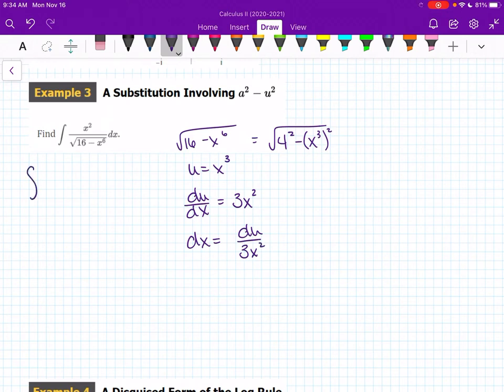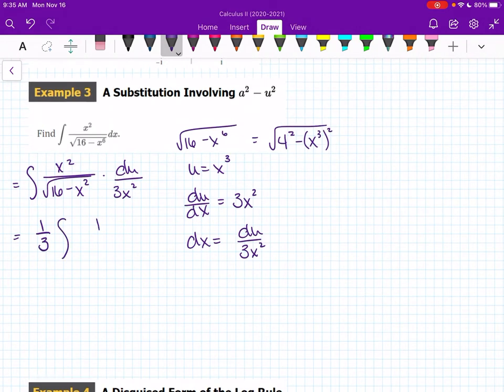So now if I go back to my integral, I'm going to have x squared over square root of 16 minus x squared times du over 3x squared. So then I will get 1/3, pull the 1/3 out. My x squareds will cancel, and I will have 1 over square root of 4 squared minus u squared.